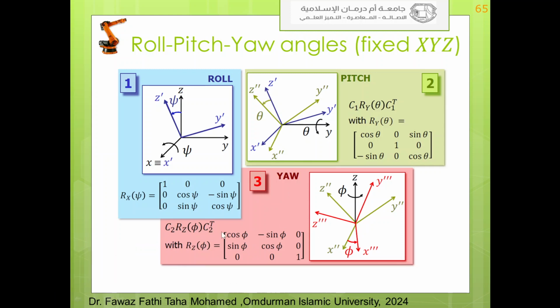Okay, C2 means I have to return all the new movements to be aligned with the Z axis, the old Z axis, then make a rotation around Z, then cancel any of these modifications.